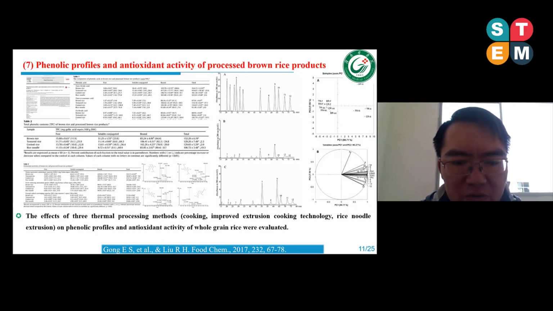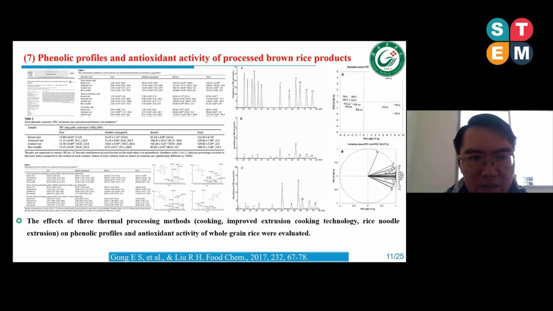The effect of three thermal processing methods, including cooking, improved extrusion cooking technology, and rice noodle extrusion, on phenolic profiles and antioxidant activity of whole grain rice was evaluated in our previous study.